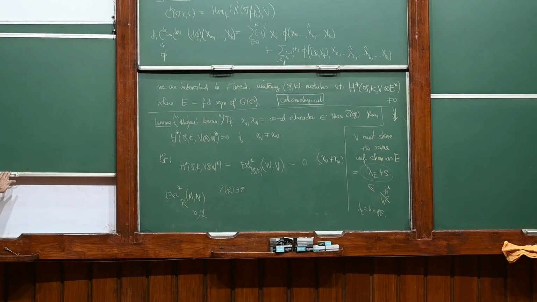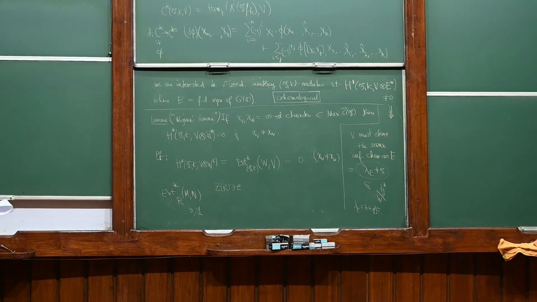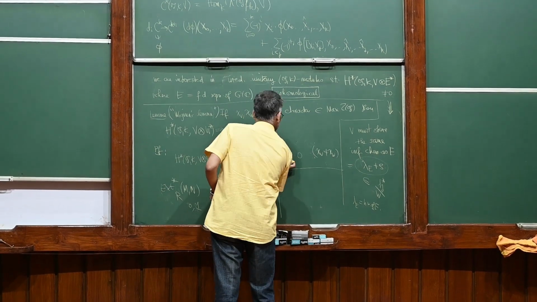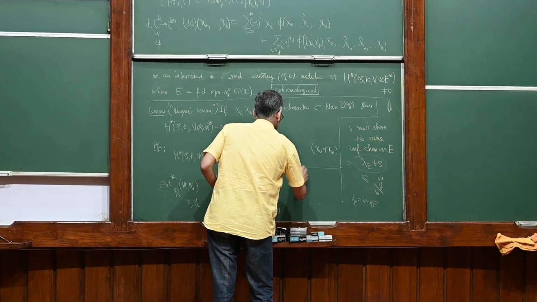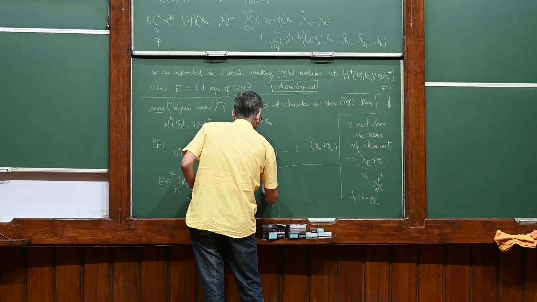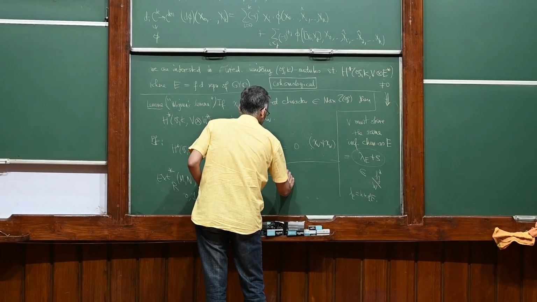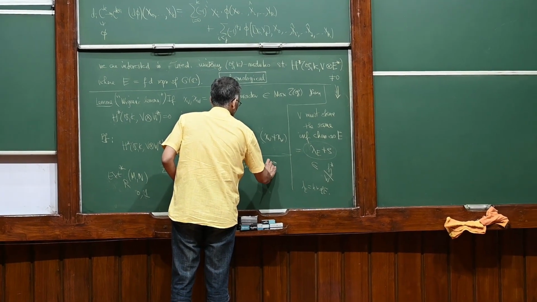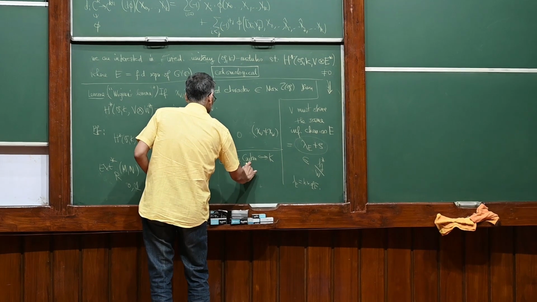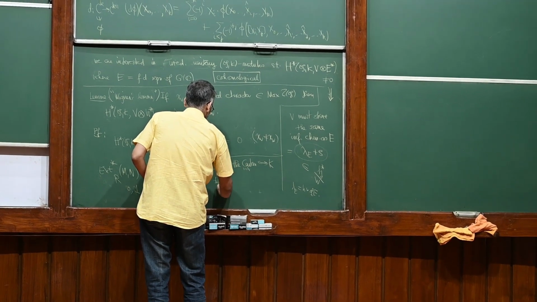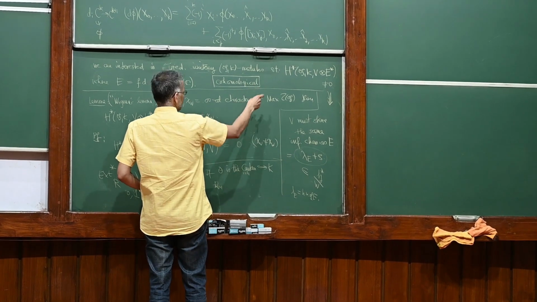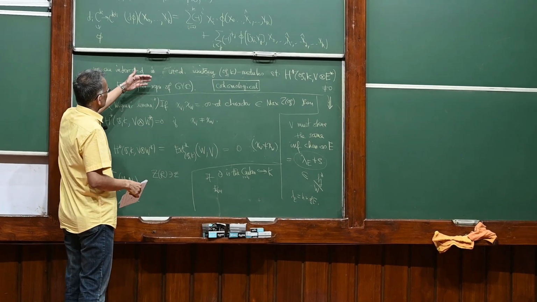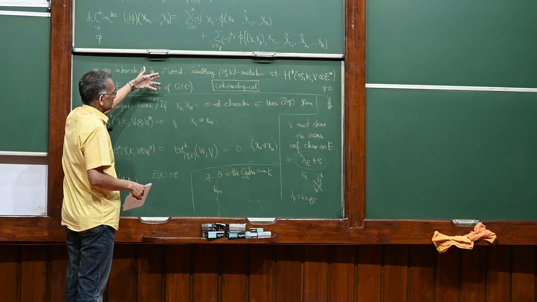Okay. The second remark I want to make is that if theta is the Cartan involution corresponding to K, then the infinitesimal character of a unitary representation is invariant under theta.